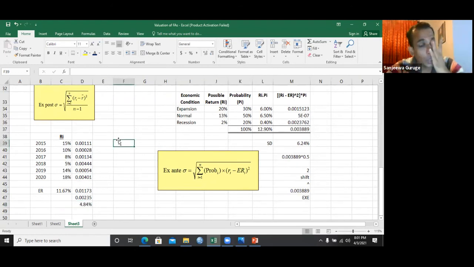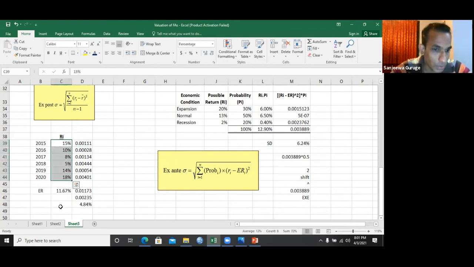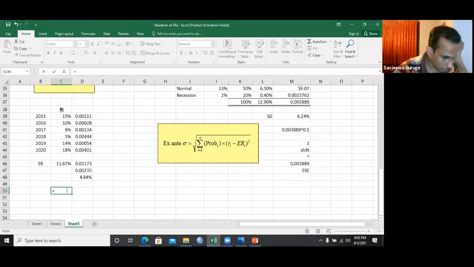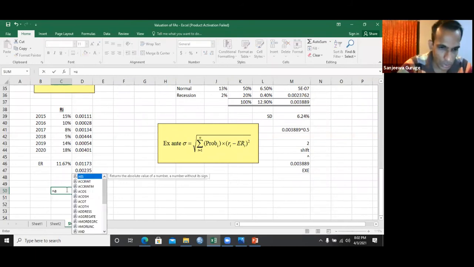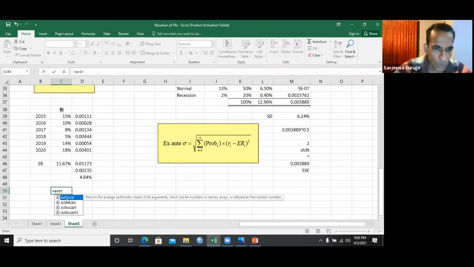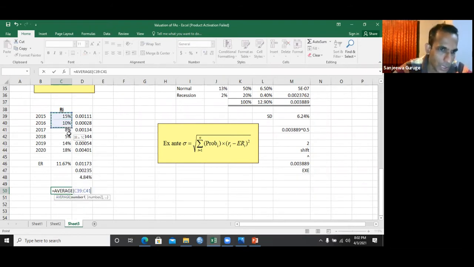Right. Actually, when we have these values, with Excel this is fairly easy, right? Here we use the formula, but if we use Excel, the calculation of expected return and standard deviation is so straightforward with the historical data. As I mentioned, this is the average. So it's better to put average and select the data.